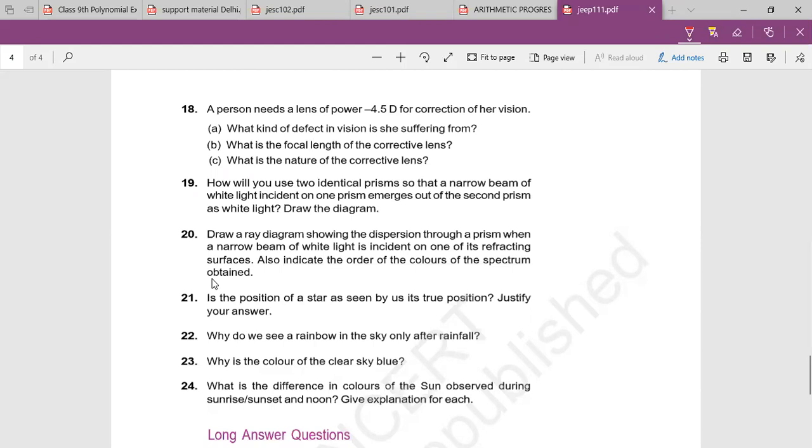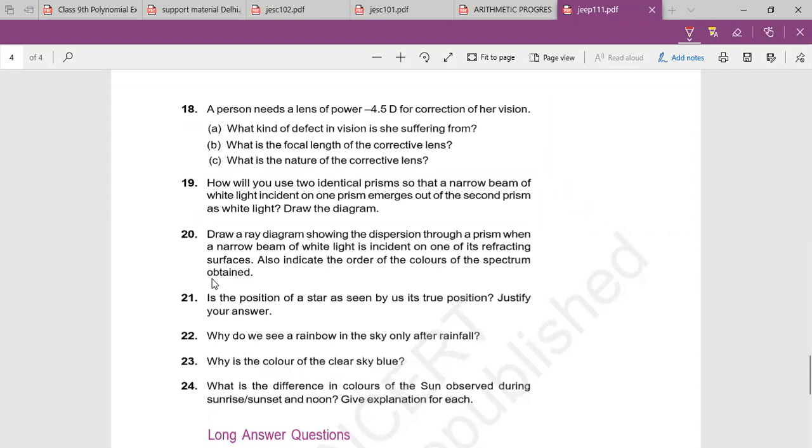What happens due to atmospheric refraction? Ma'am, a star emits its own light called starlight. When it comes to the Earth's atmosphere, the atmosphere has many layers. So it always travels from a rarer to a denser medium. The rays which get refracted move towards the normal.